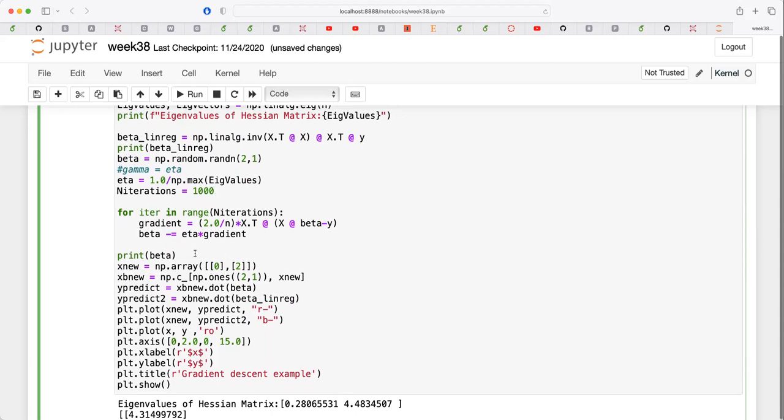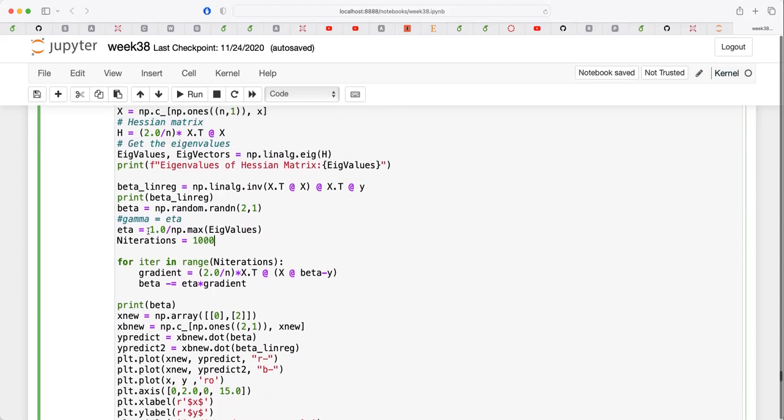So I'm just printing beta, and then what I do next is compare this with my own linear algebra code, where I just invert the matrix and compare the parameters. So let's just run this code here.